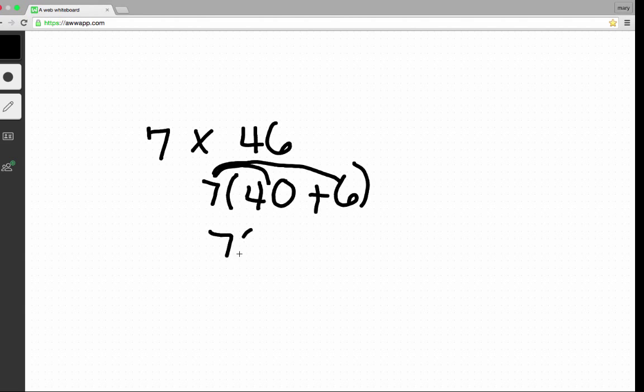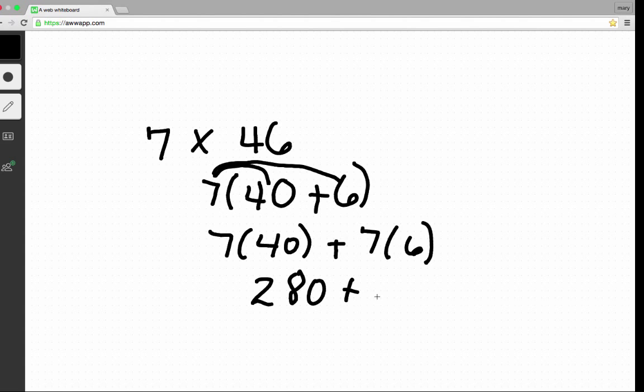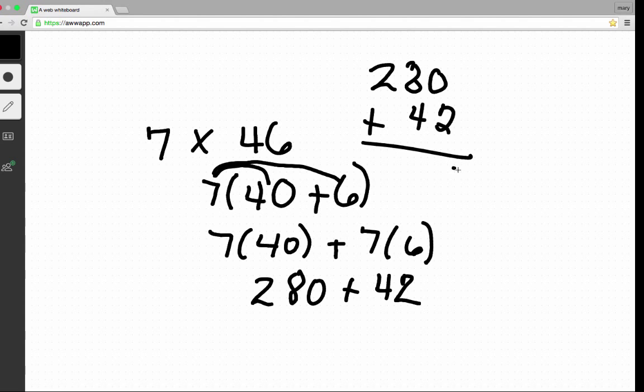So 7 times 40 plus 7 times 6 gives me 280 plus 42. So 280 plus 42 is 2, 9, 10, 11, 12. Carry my 1. That gives me 322 on that one.